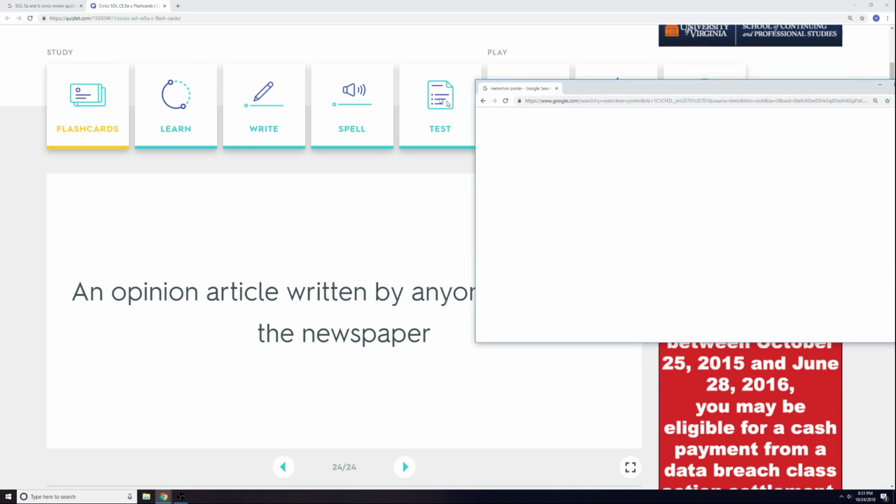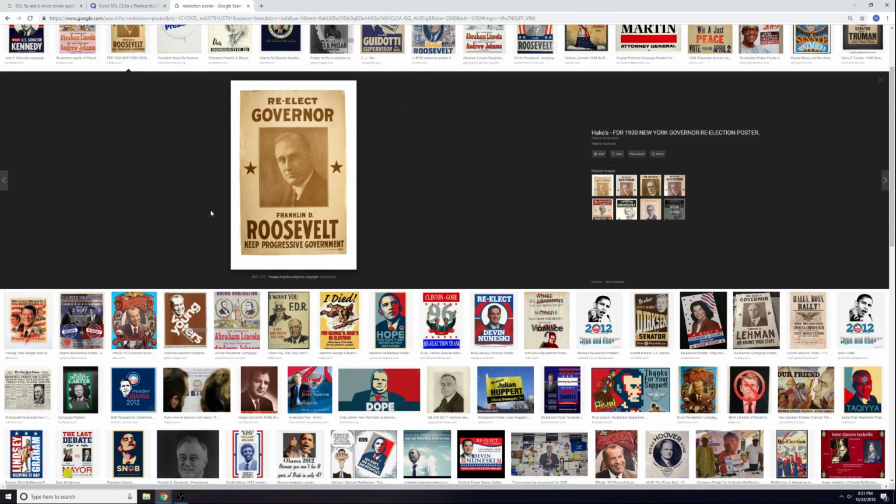What if I showed you this poster right here, this picture on there? It says, re-elect Franklin Delano Roosevelt. Keep progressive government. 1930. All right, what am I doing with that? By showing you that poster, what is it trying to get you to do? What's the point of that poster?